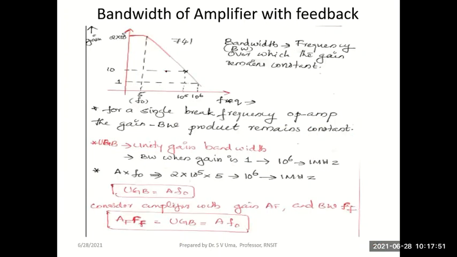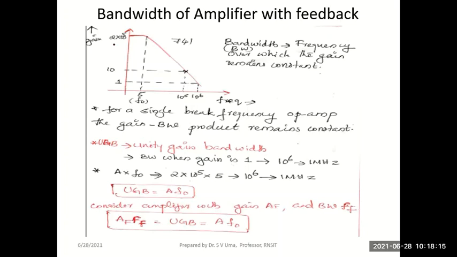Now coming to this representation of the bandwidth of the amplifier with feedback, you see the same curve we wrote before is written here, and the actual gain value at this point will be 2 into 10 to the power of 5, which turns out to be 100 dB.